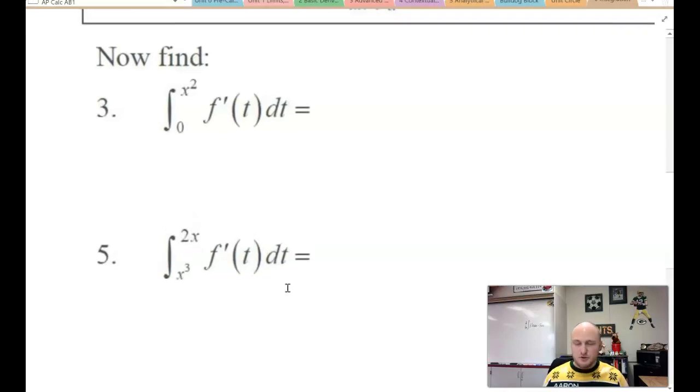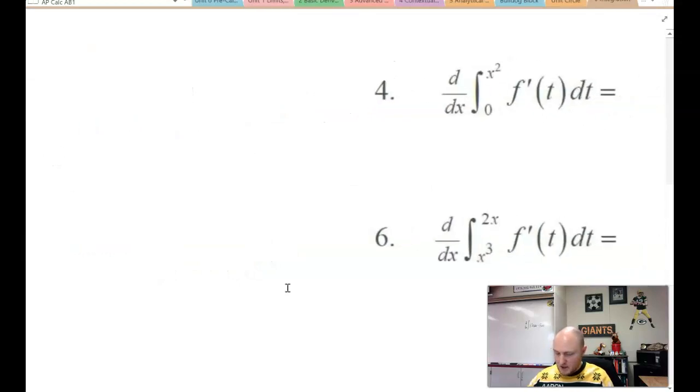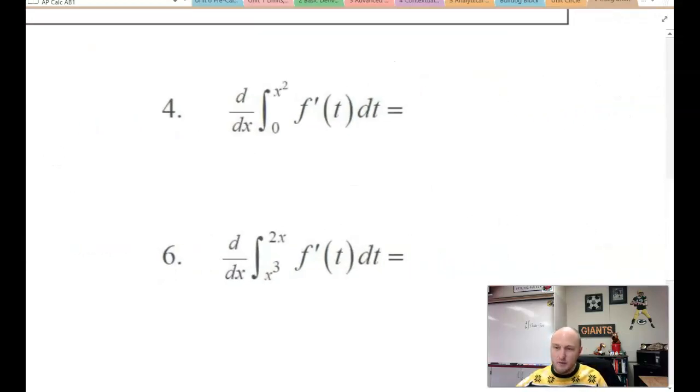Say we want the integral of f prime of t dt from x squared to 0. If I integrate this, it's f of t evaluated from x squared to 0, which is f of x squared minus f of 0. What happens if I take the derivative of this?